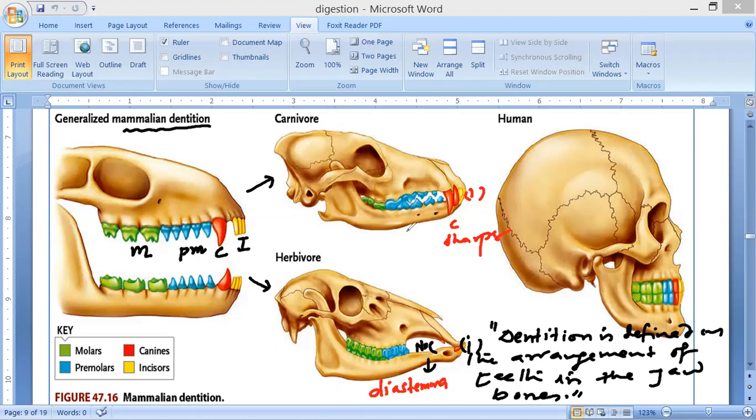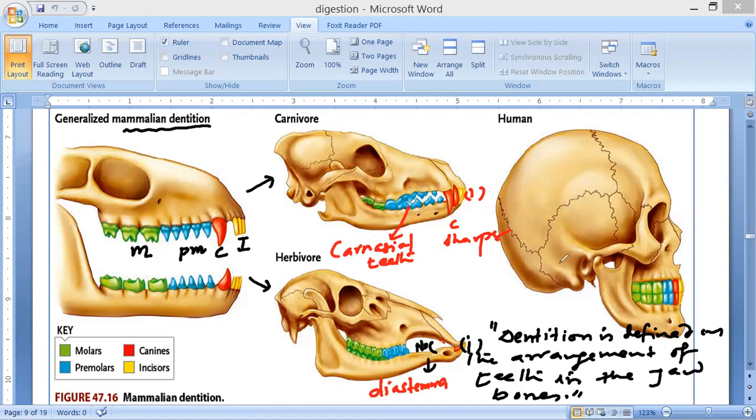And here you see the premolars. They are producing scissor-like edges. These are called carnassial teeth. Carnassial teeth means the upper and lower teeth produce a scissor-like edge.